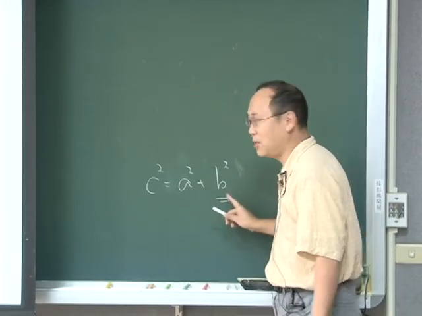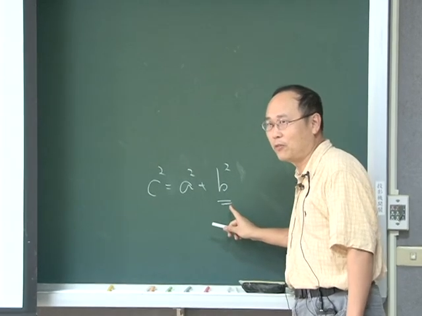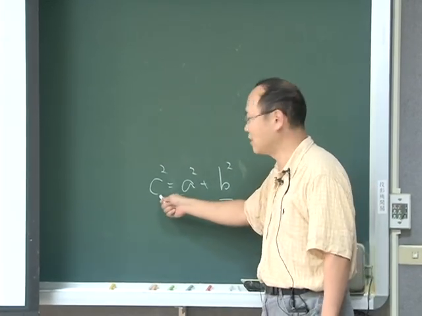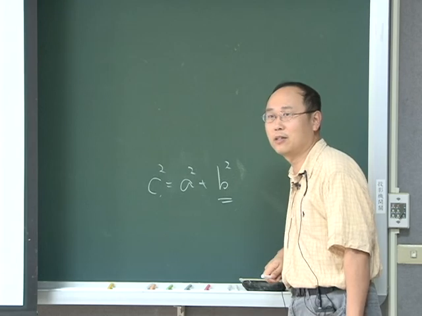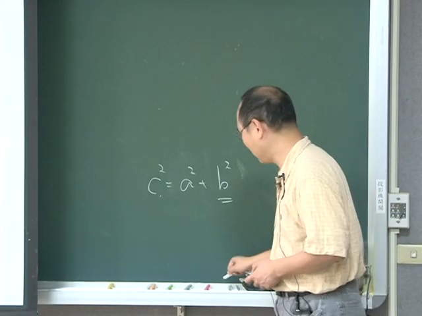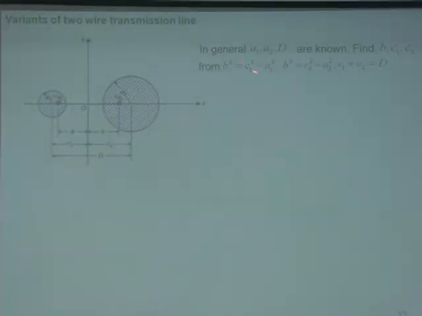And we say that B is always a constant. But for different circles, you have to put in different C and different A. Okay, so this is the case. You put in C1 and A1. For the second expression, you put in C2 and A2. But you also know that D is equal to C1 plus C2. So you have three equations, and you can find these three unknown variables.